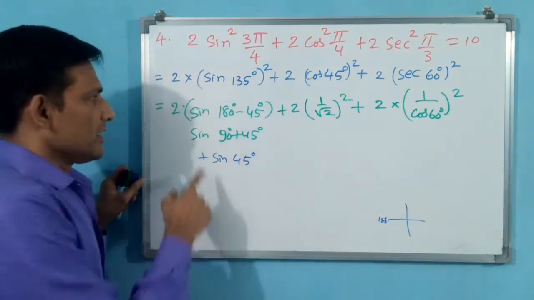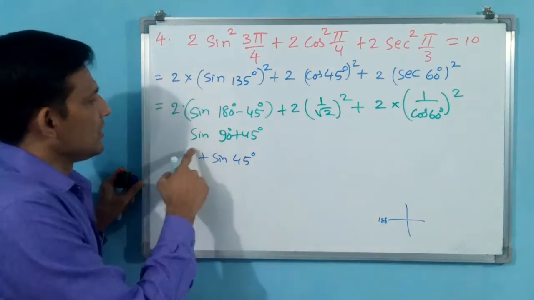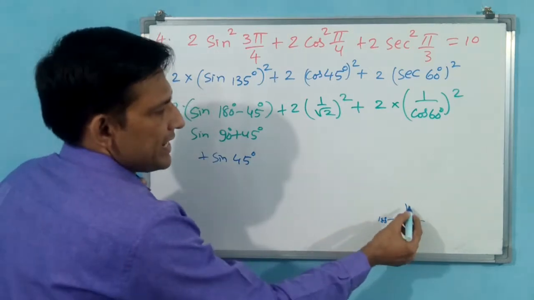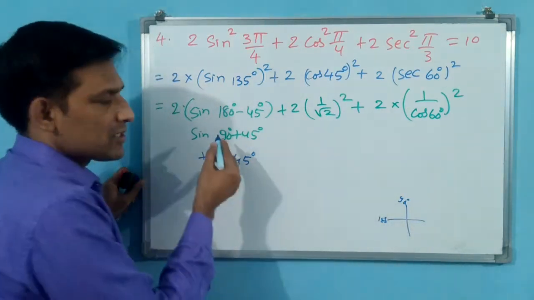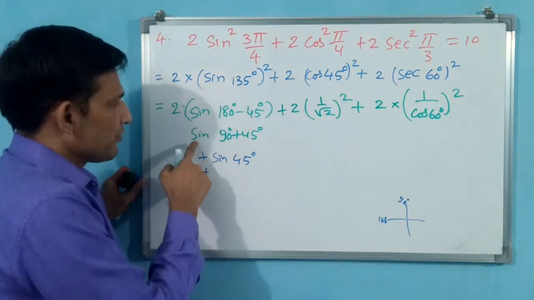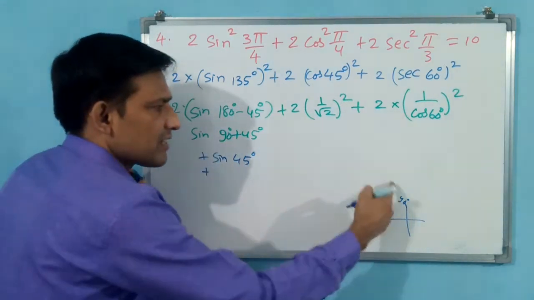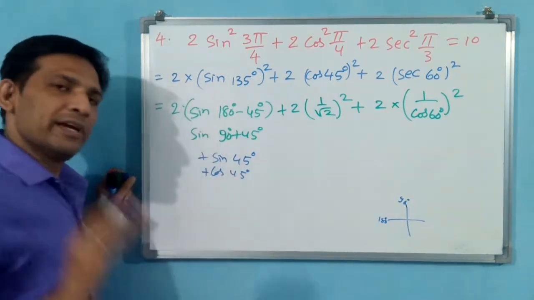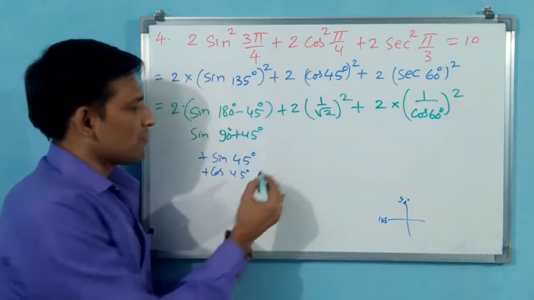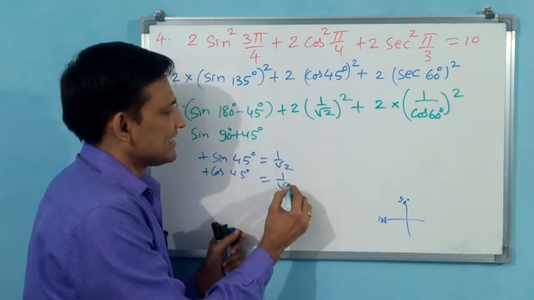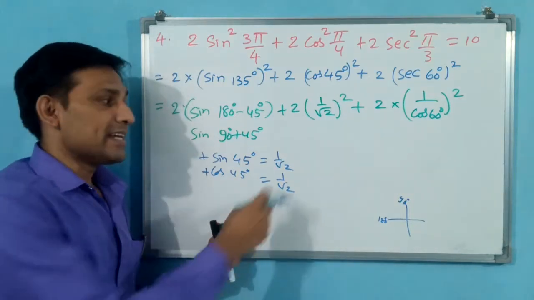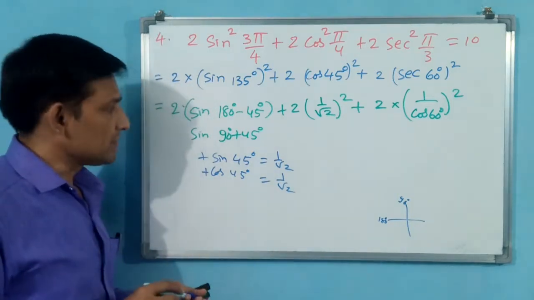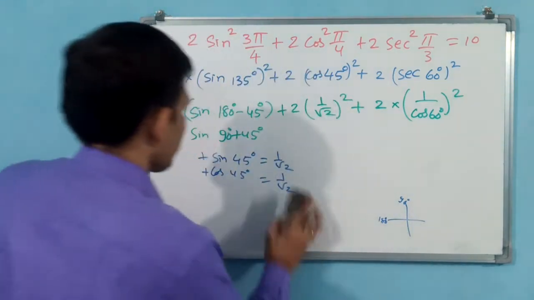Now we have written sine 90 plus 45. 90 plus 45 means first quadrant, sine positive. But now 90 degree is there, vertical angle. Vertical angle means sine is going to become cos. Cos 45. For seeing, both are different, but what is the answer? Both are 1 by root 2 only. Finally the answer is same. For seeing, sin 45 and cos 45 come different. That is why you can take any one. There is no bar.